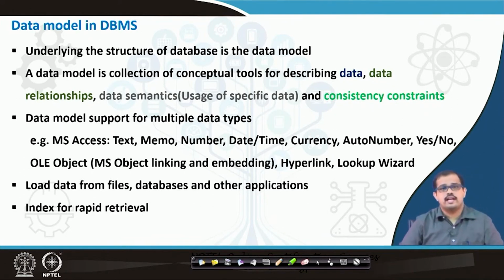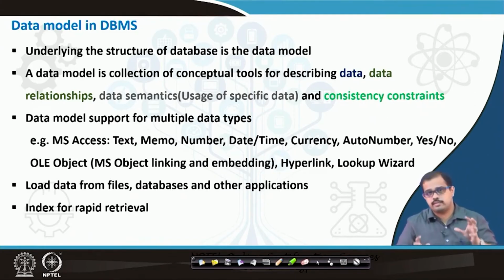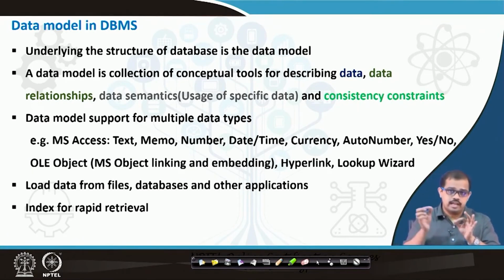A data model is a collection. So let's be very specific here. It is a collection of conceptual tools that describe data. When you are speaking about data, there are tools that can describe data, data relationships, and data semantics.